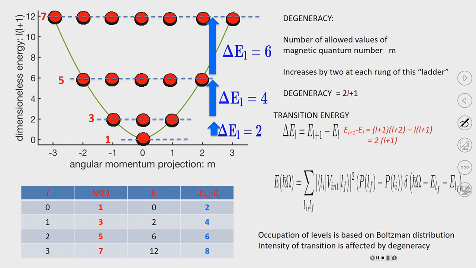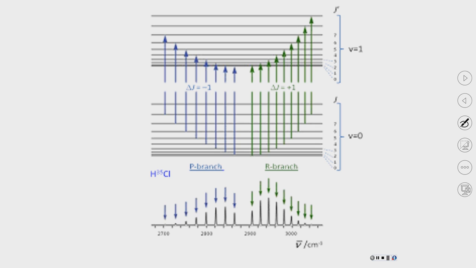So we can find out the degeneracy, the energy, and transitions. And when we consider simultaneous excitation of a vibrational transition in a molecule and change of rotational state, there will be additional selection rules.